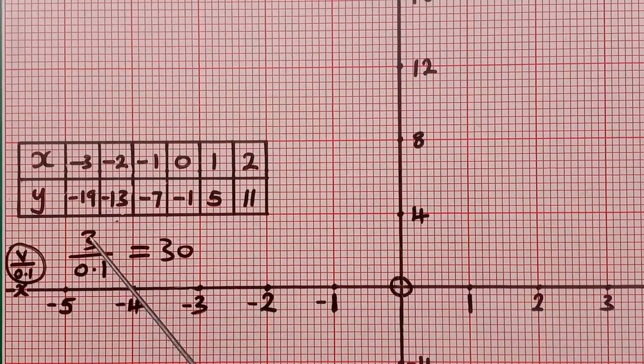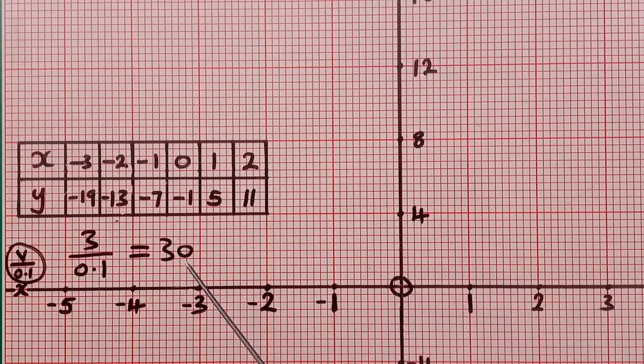Please confirm. What does this 30 therefore mean? It simply means from the origin, count 30 unit boxes along this negative x-axis. The 30th box, stop there. That is the place that this 3 is found.